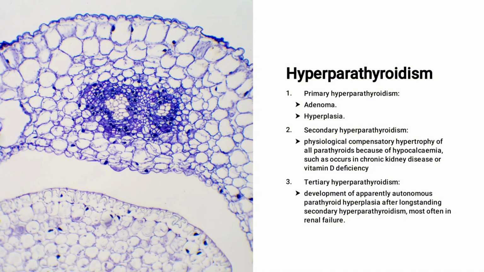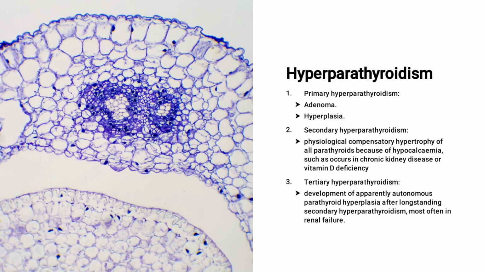Or on the other hand, it could also be a hyperplasia, and that depends on whether the hyperplasia is because of another issue in the blood. Usually we count it as primary, or if it's a hyperplasia from a kidney disorder, that is a secondary hyperparathyroidism, which is already written here.